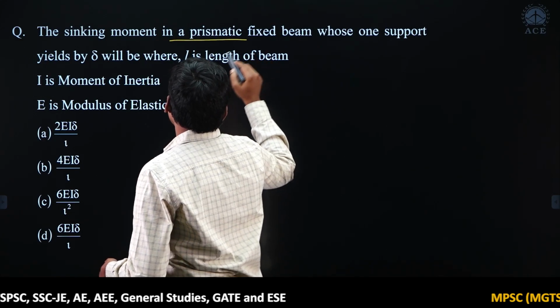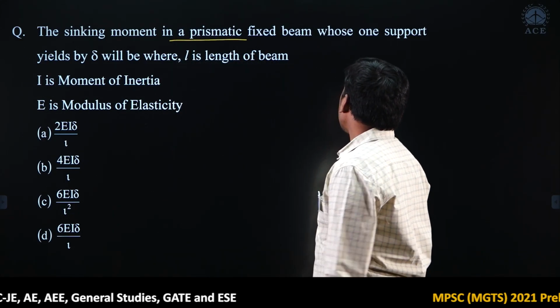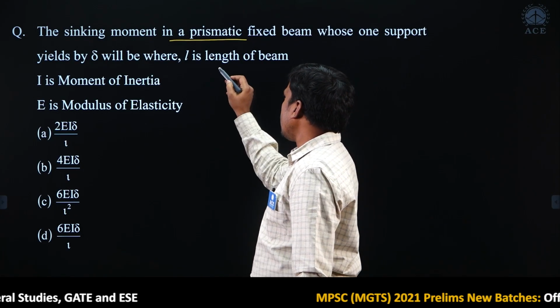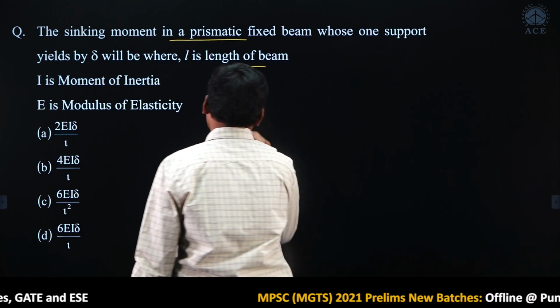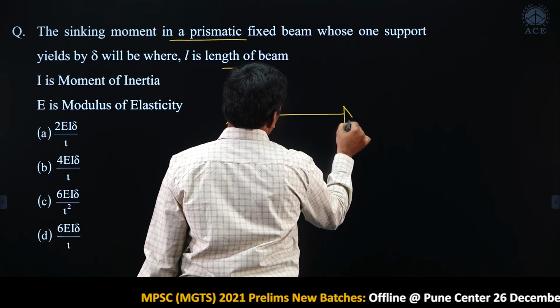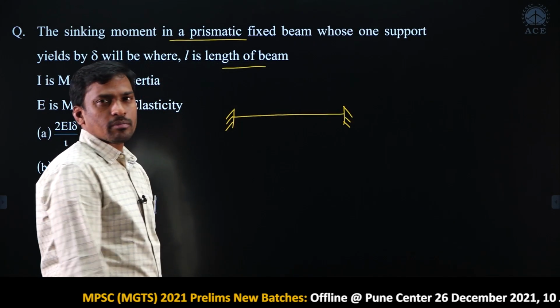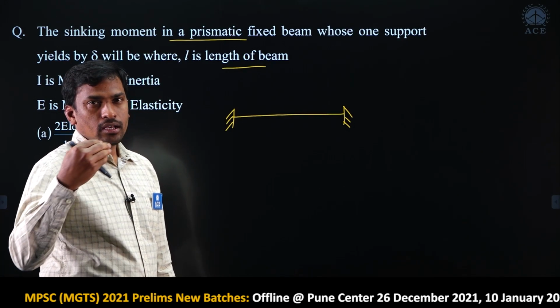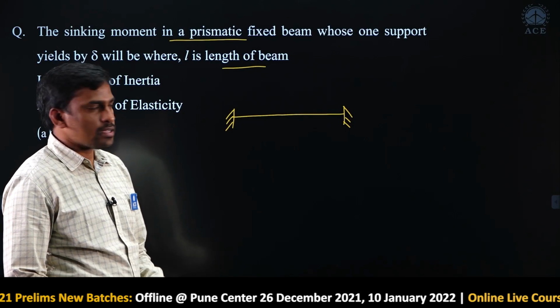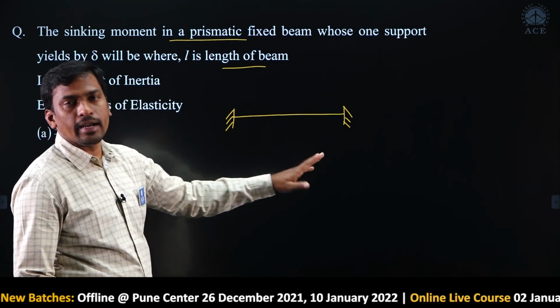Sinking moment in a prismatic fixed beam, whose one support yields by delta, where L is length of the beam. Direct question from class notes only. In the moment distribution method chapter, I gave fixed end moment formulas, right? In the fixed end moment formulas, I gave this at the end.